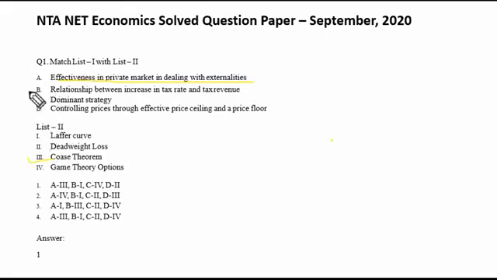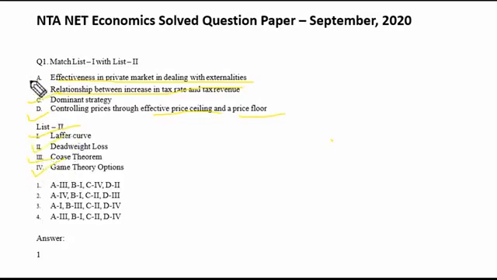Second, the relationship between an increase in tax rate and tax revenue is the Laffer curve, right? Dominant strategy is obviously the game theory option, and controlling prices through effective price ceiling and price floor, which we have talked about, is deadweight loss.